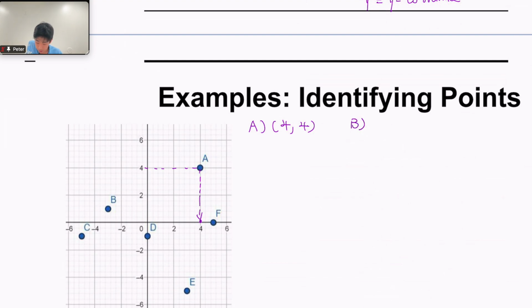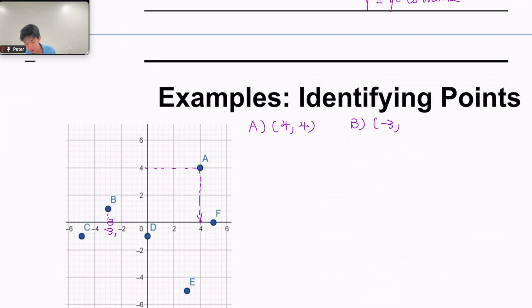Let's take a look at B. In this example here, this doesn't represent a whole number, so we're gonna find the fraction. The x-coordinate will be -3, because it moves 3 to the left, and on the plane here, it represents -3.